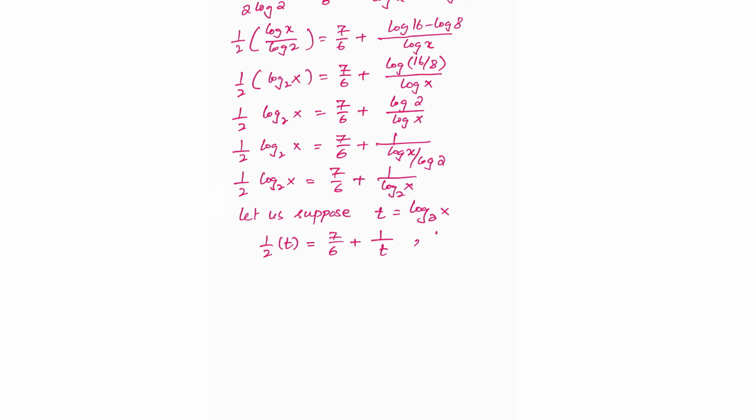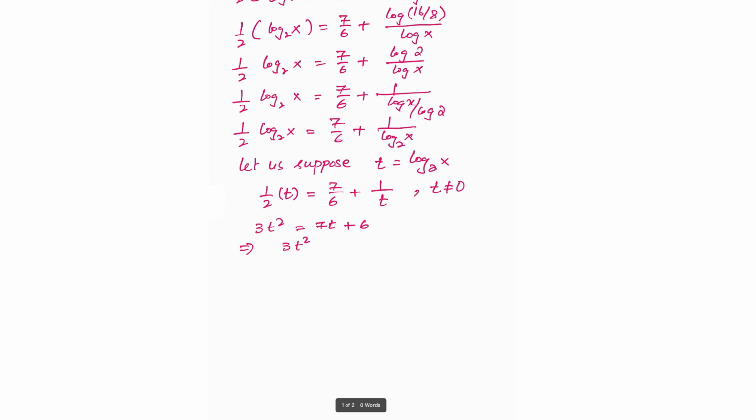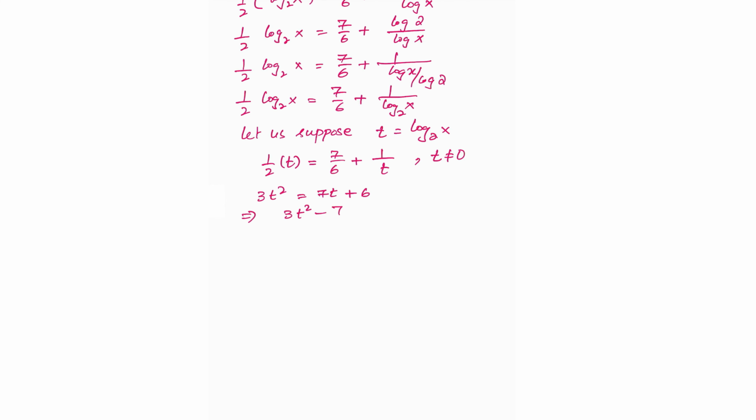Let's say t is not equal to 0. So multiply everything by 6t. You will get 3t squared equal to 7t plus 6, and bring them to one side. That would be 3t squared minus 7t minus 6 equals 0.